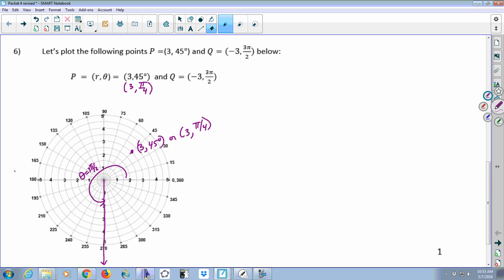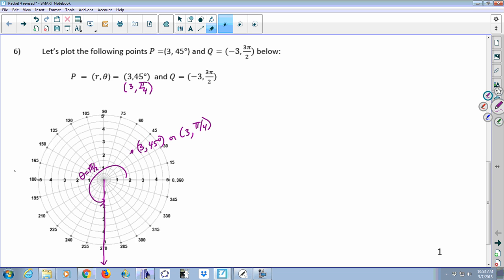Okay, so you found your angle, and now you have to go -3. Well, if you went 3, you'd be right there. So when r is negative, what you do is you find the corresponding point on the ray opposite this ray. It's literally 180 degrees away, either in this direction or this.